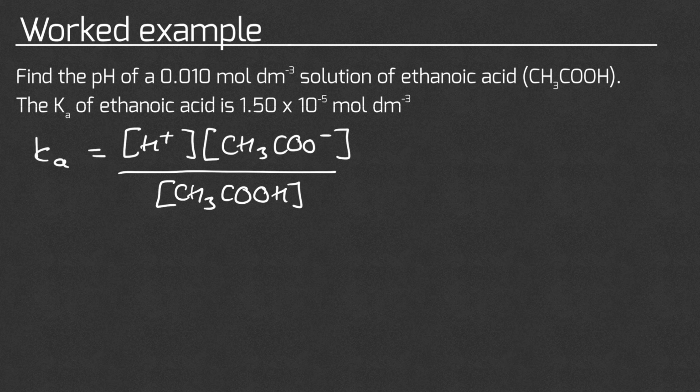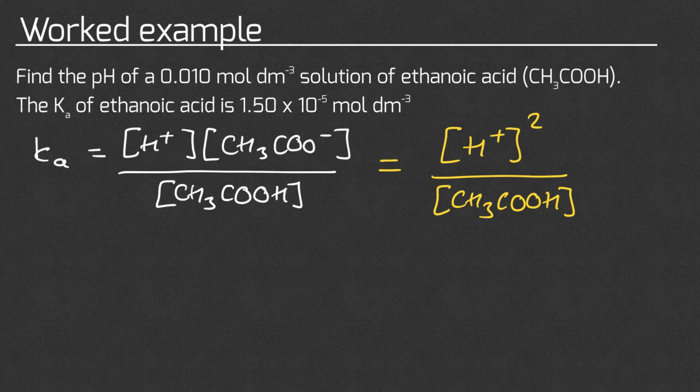We can then use a simplification we looked at a moment ago to rewrite this equation. Now we've simplified this, in the question we're given the concentration of the ethanoic acid and we're given the value of Ka.